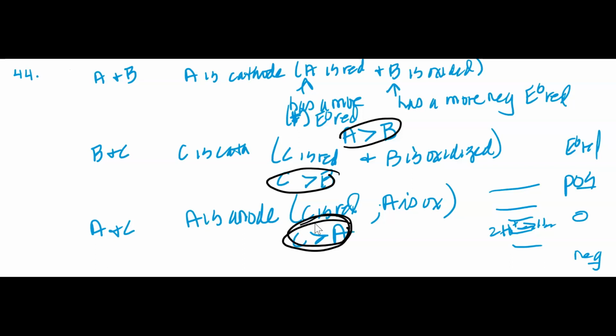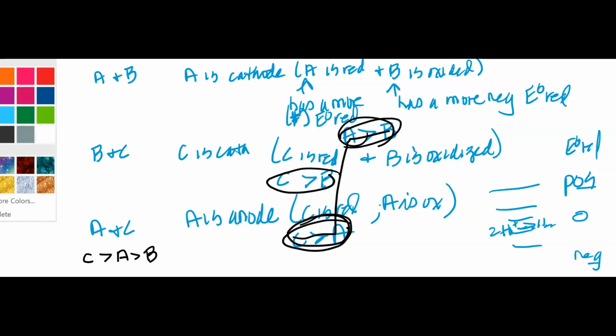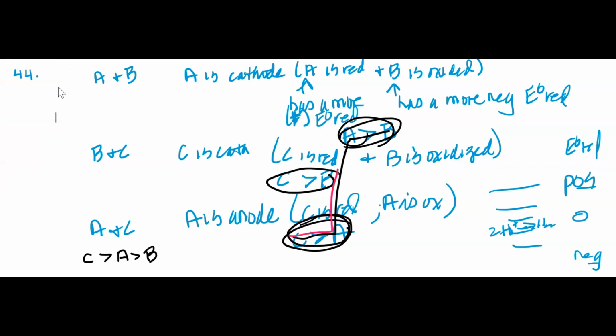So we really only need the last one and the first one. C greater than A greater than B. Right? C greater than A greater than B. See how there's a pattern there. All right, let's go to 45.